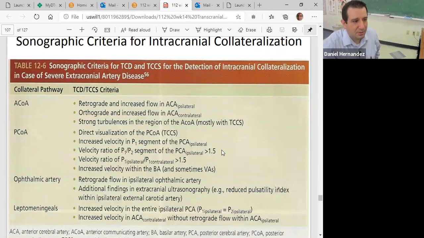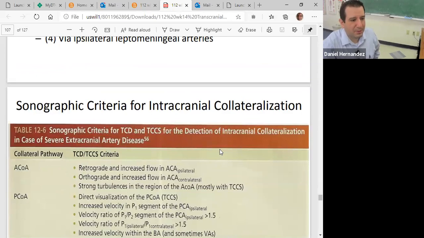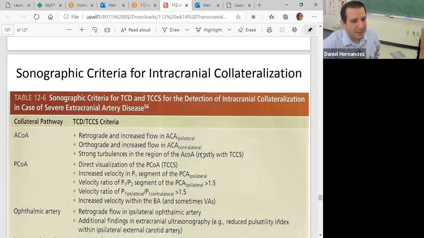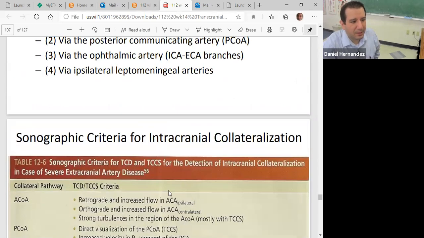So this is just a chart showing some of the potential collateral pathways seen with extracranial arterial disease.